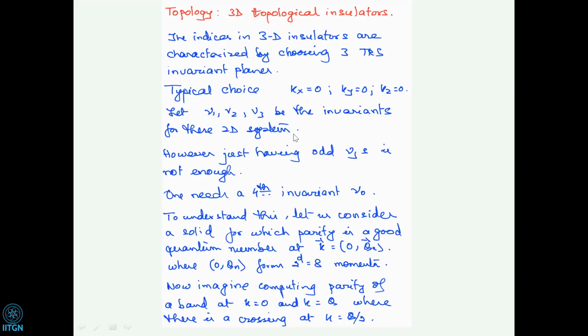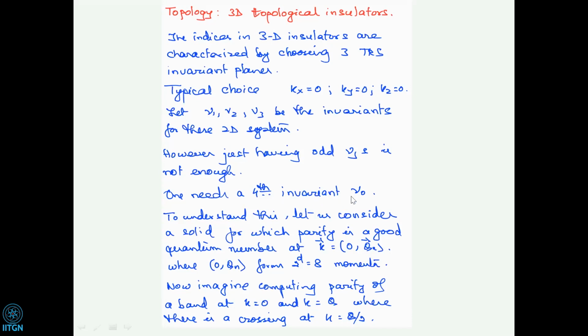It's perfectly possible to stack 2-dimensional systems on top of each other to form a 3D system which is going to behave in such a way that one integer is non-zero and the other ones are 0, and so on and so forth. Okay, but the point is, these 3 integers give you a hint about what the topology can be. However, they are not enough for classifying a 3D topological entity.